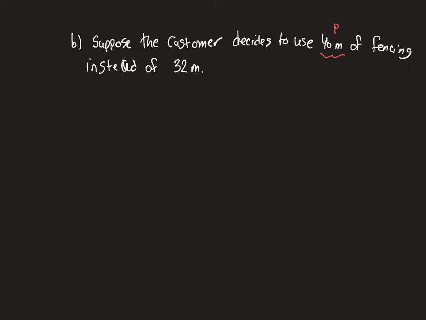So if I need to get 40 meters, we found out that the best way to optimize the area is to make a square, not a rectangle, which means I need to have all my dimensions be the same.